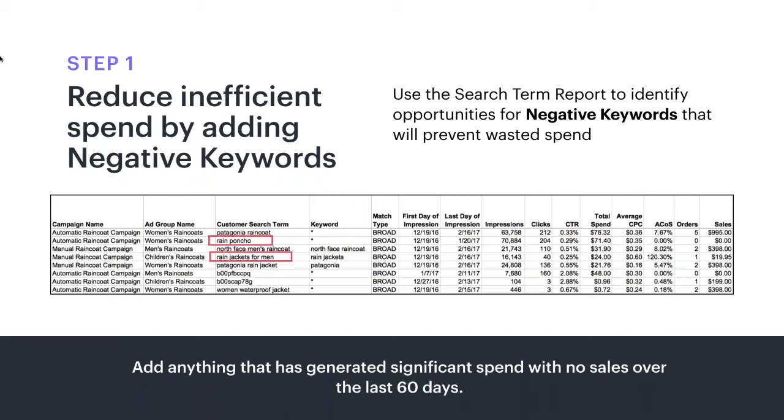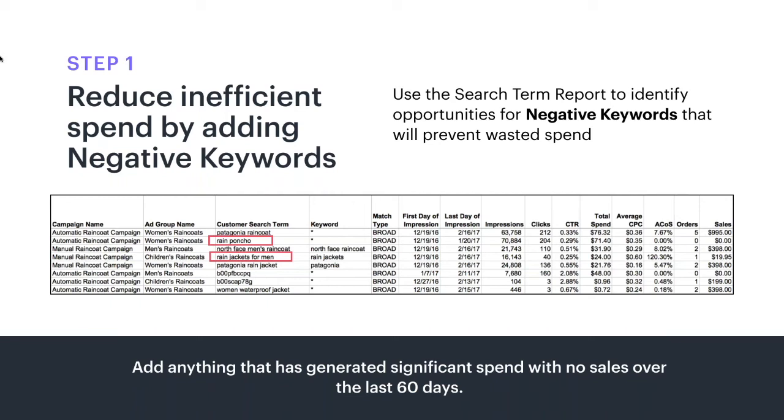In this second example, highlighted in red, rain jackets for men is being served against the broad keyword rain jackets, but it's in the ad group children's raincoats. So it's not highly relevant. By adding rain jackets for men as a negative in that ad group, you let the rain jackets broad keyword get a lot more efficient because you're cutting out that waste.